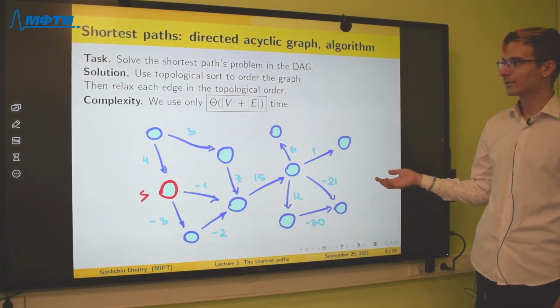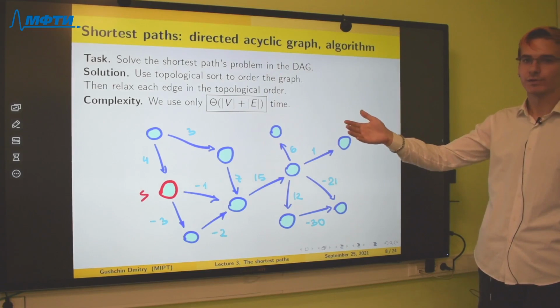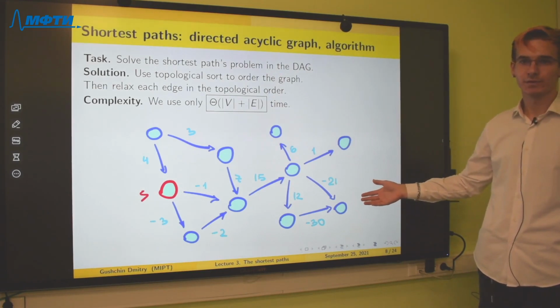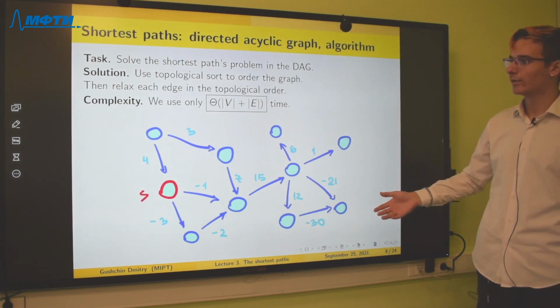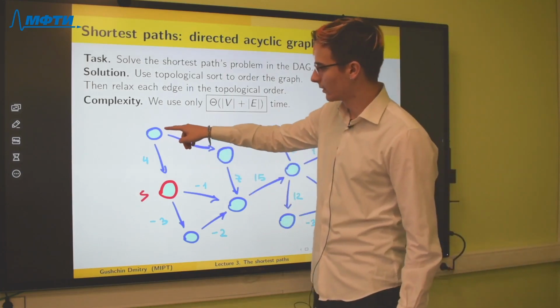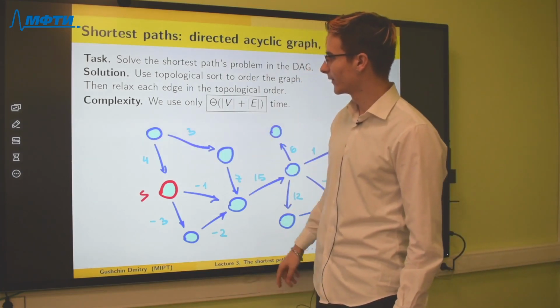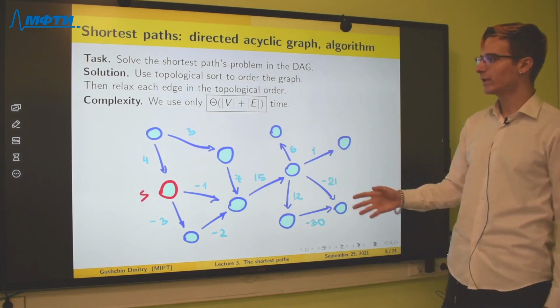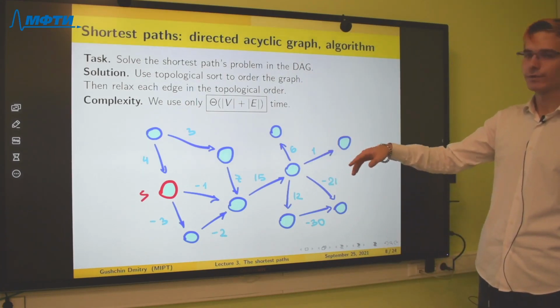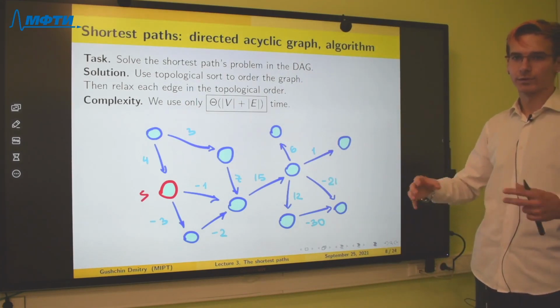Okay, and how to solve it? We use topological sort to order the vertices, and then we start with the vertex that has the smallest number and go to the sink of the order.